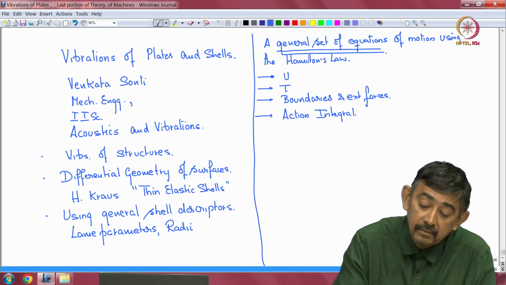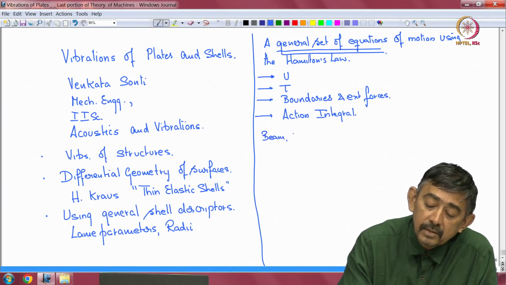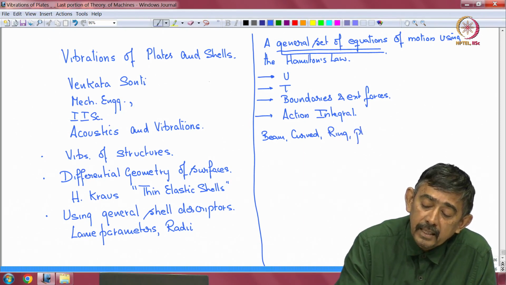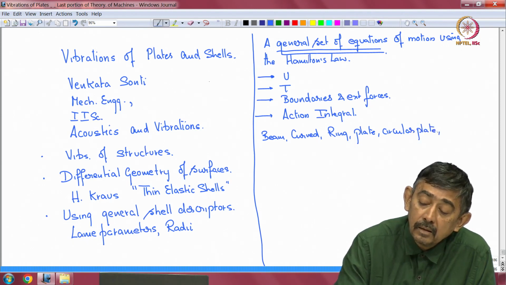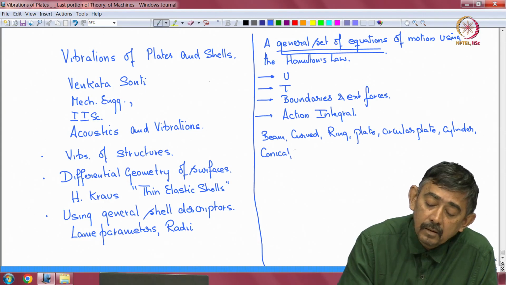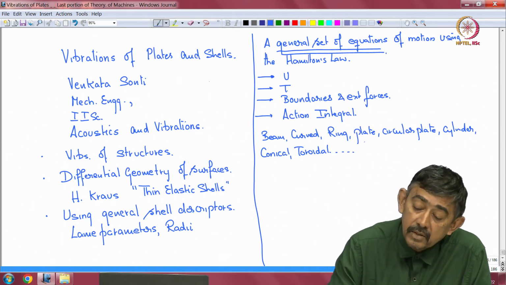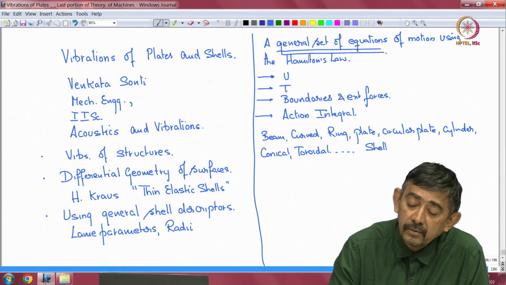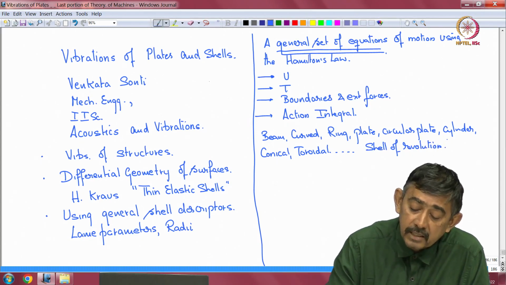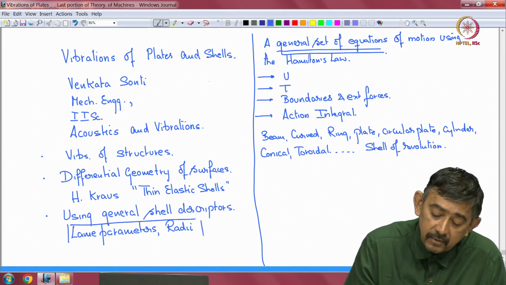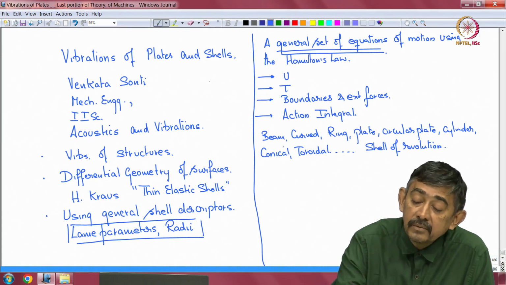That means whether it be a straight beam or a curved beam, a ring or a rectangular plate or a circular plate, or a cylindrical shell or a conical shell or a toroidal shell, any other shell which is a shell of revolution, which can be described by these parameters, Lamé parameters and radii of curvature, you will have one set of general equations.